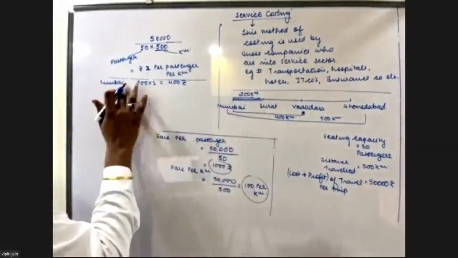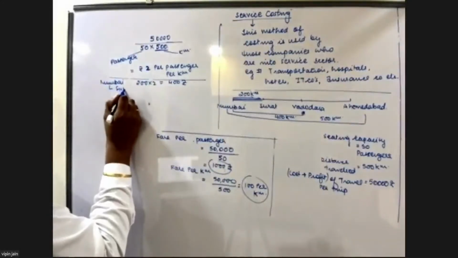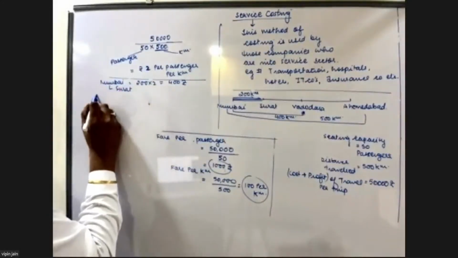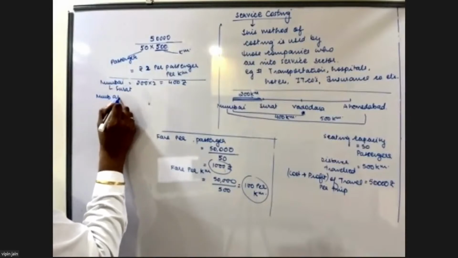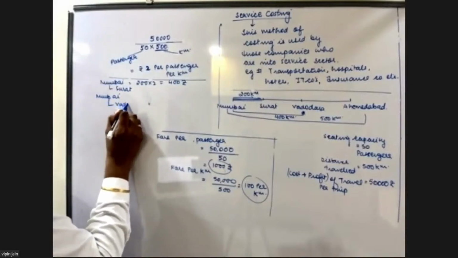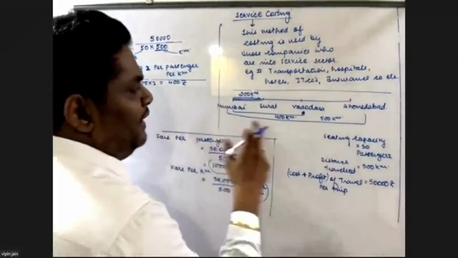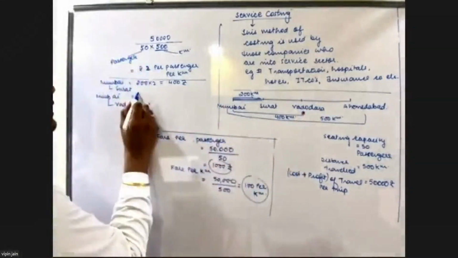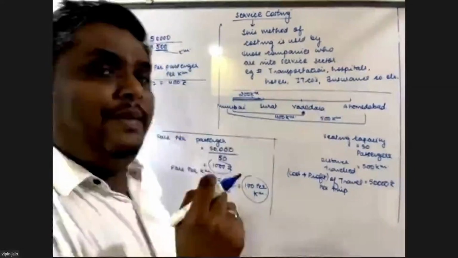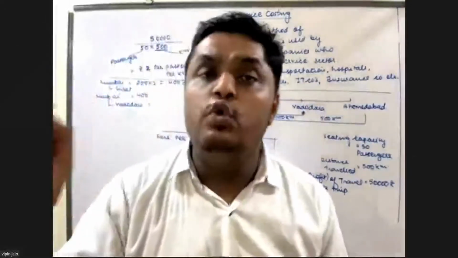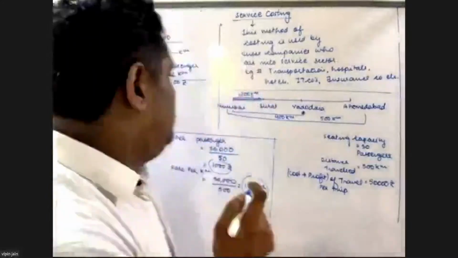If a person is traveling from Mumbai to Vadodara, very simple, the distance traveled from Mumbai to Vadodara is how much? 400 kilometers. And I am expecting a revenue of rupees 2 per passenger per kilometer.